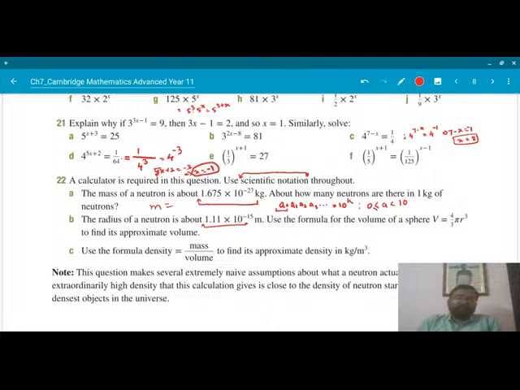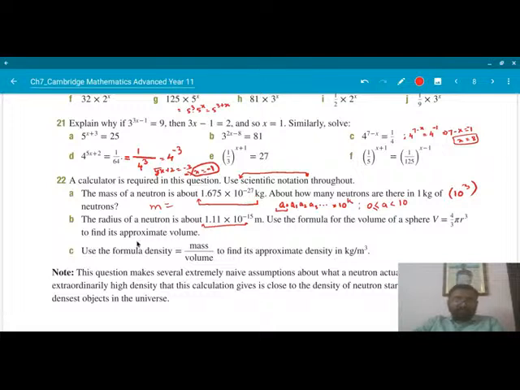For 1 kg means into 1000. 1.675 into 10 to the power of minus 27, into 1000. What happens to the 1000? Multiply with 10 power 3. 10 power minus 27 into 10 power 3, bases are same, powers to be added, minus 24.